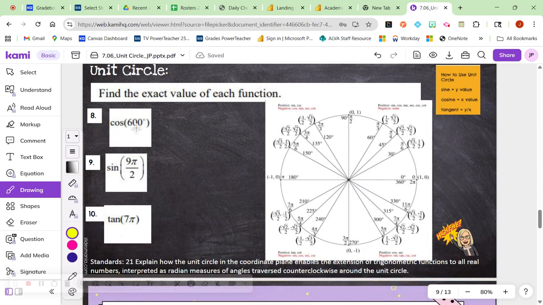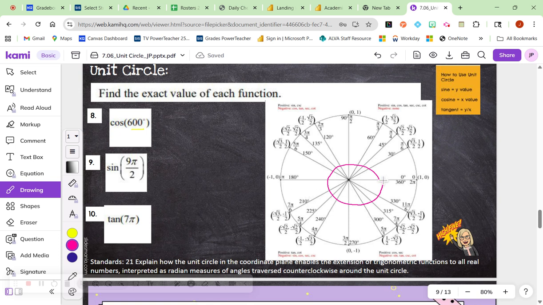Angles are getting a little bit larger here. So on example 8, we're looking for 600 degrees. So we've got to think about if we go all the way around, that's 360. And we've got to get to 600. If we do 360 plus 90, my brain tends to go by 90s.